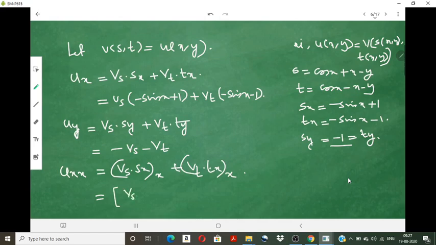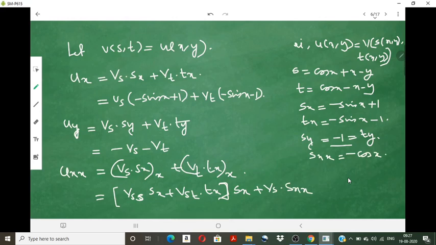That is Vs into Vss into Sx plus Vst into Tx into Sx plus Vs into Sxx. Now Sxx is minus cos x.